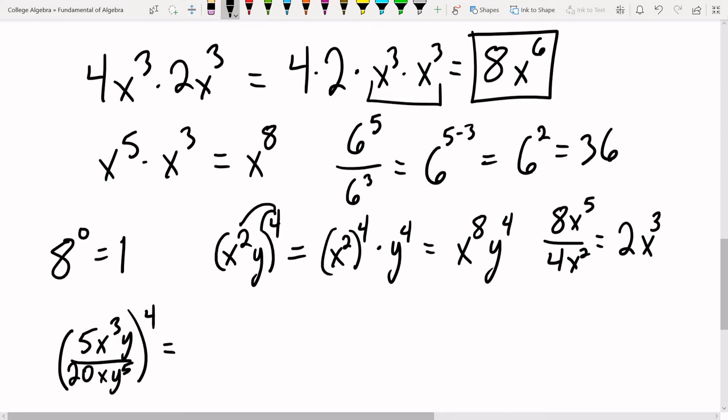So we can reduce the 5 on top by 5 and the 20 by 5 on the bottom. The 4, I'm just dividing by 5 on top and bottom there. Now we have x cubed and x. If it's just x, that's the same thing as saying x to the 1 power. So x cubed over x to the 1, we can see that we have x squared because 3 minus 1 is 2.